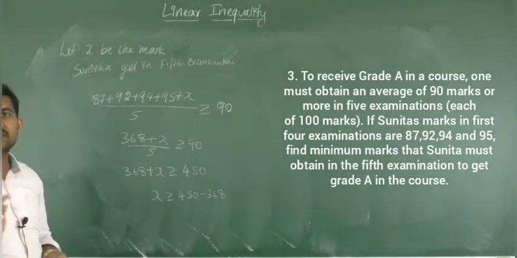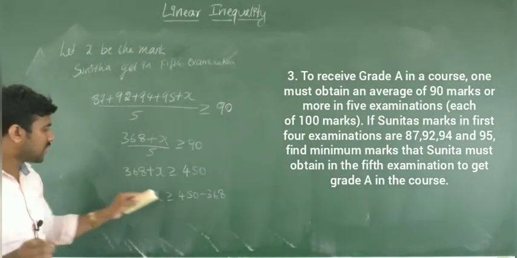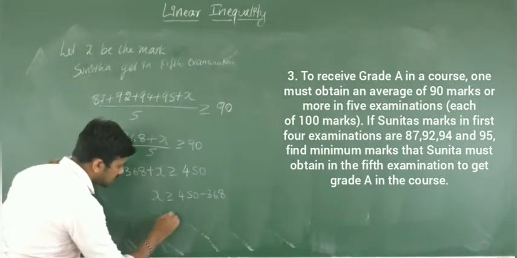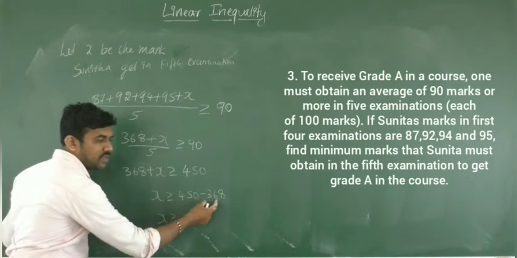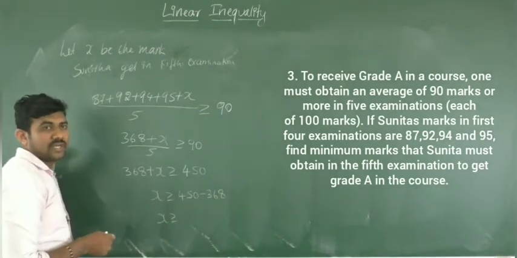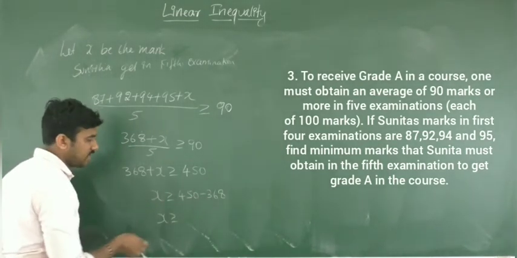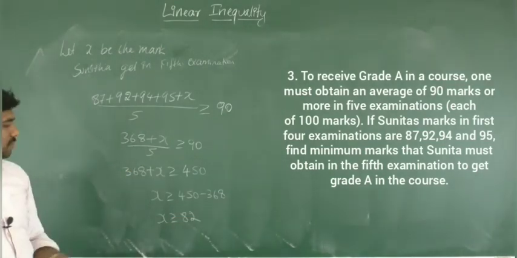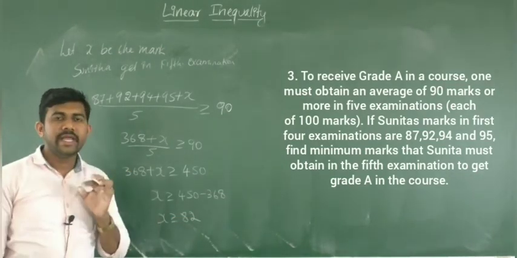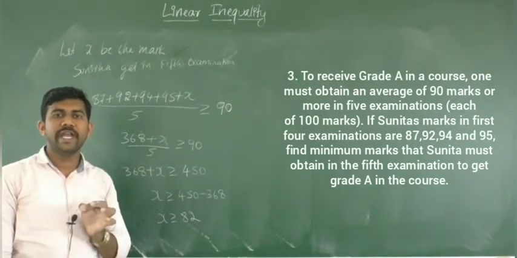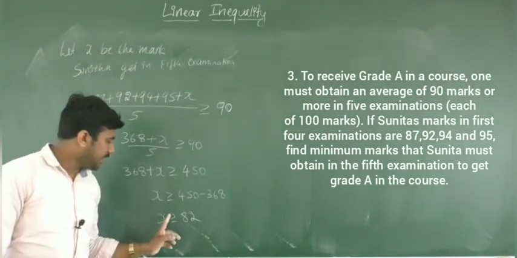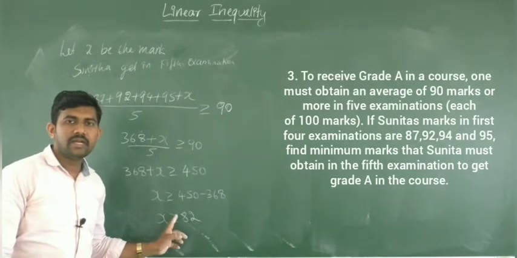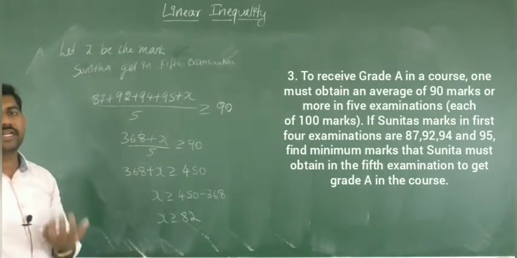450 minus 368. So what is the mark we get here? x is greater than or equal to the difference, that is 32 plus 50, which is 82. So x is greater than or equal to 82, meaning it can be equal to 82 or greater than 82.